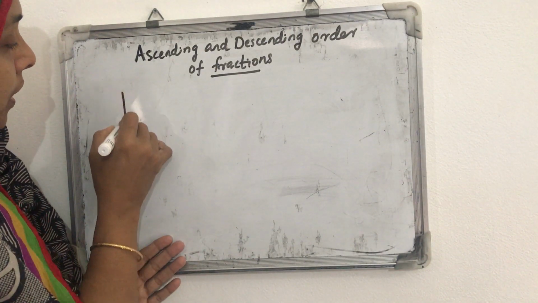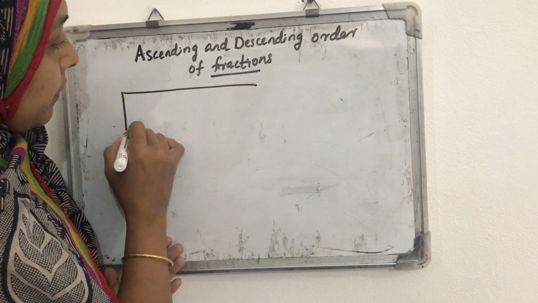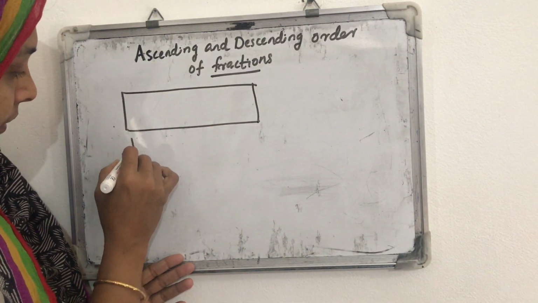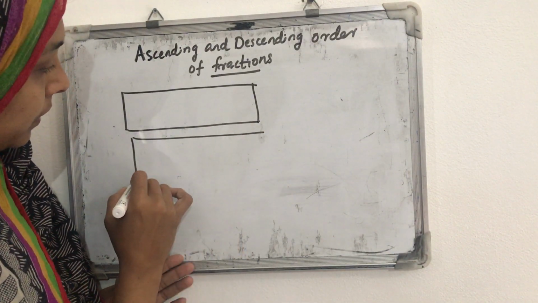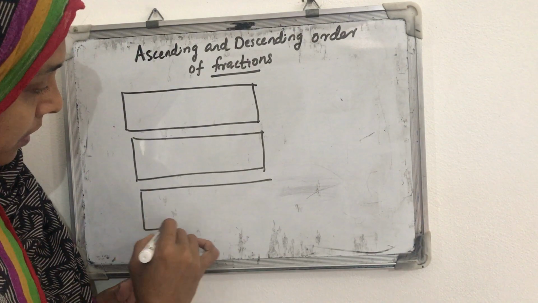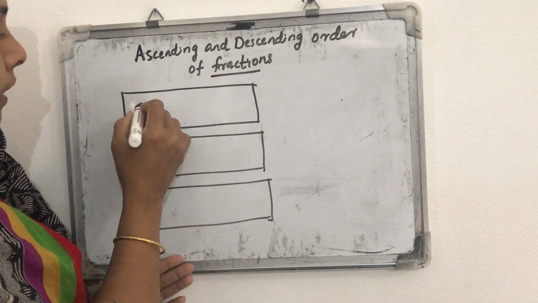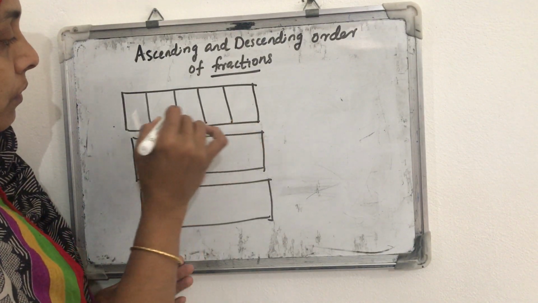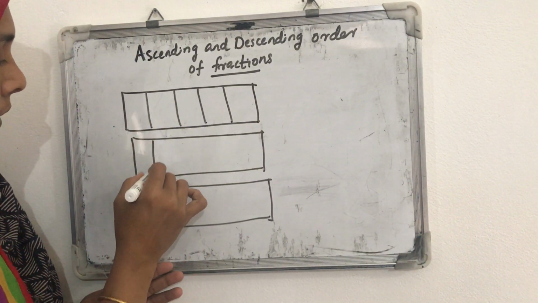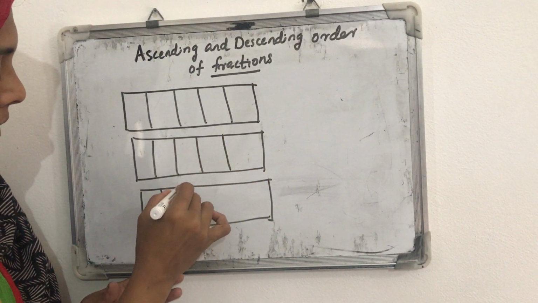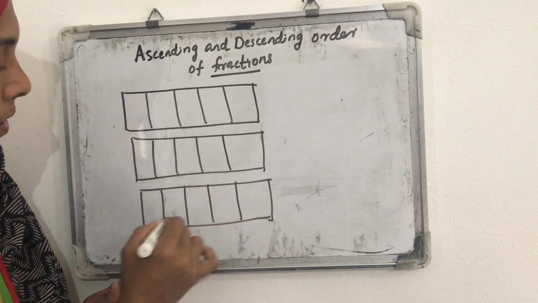Suppose here we divide a rectangle, same length rectangles, first into 5 equal parts. 1 2 3 4 5.